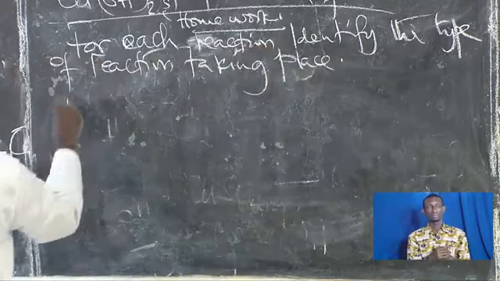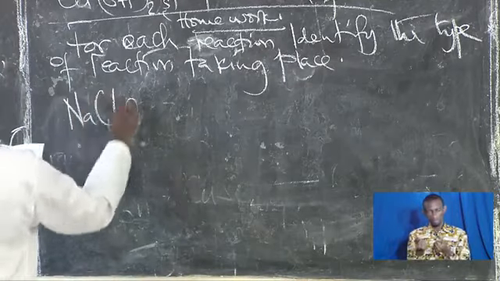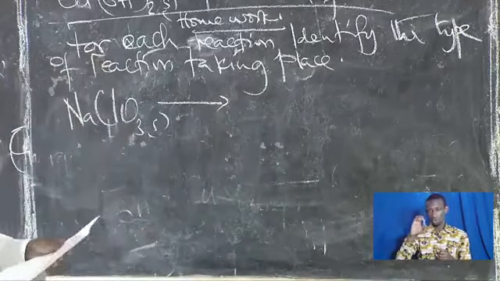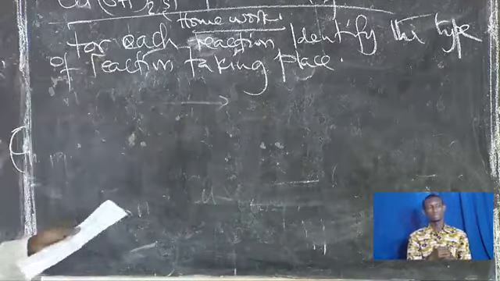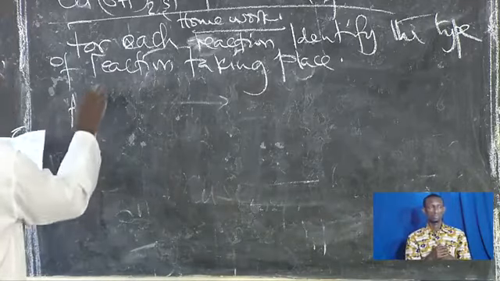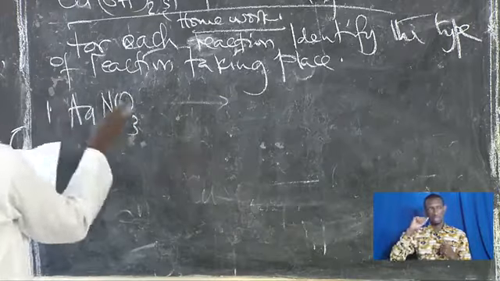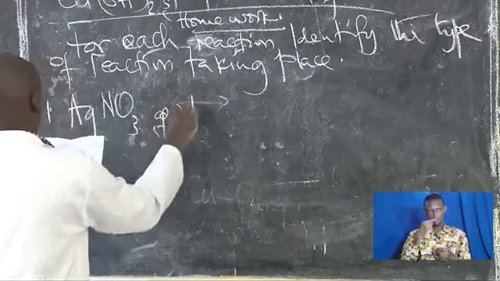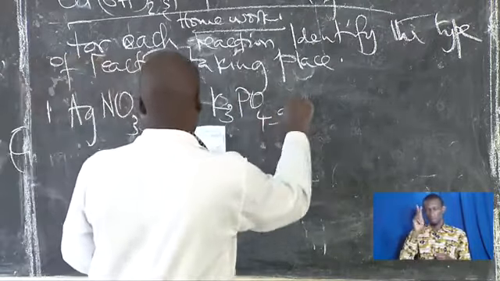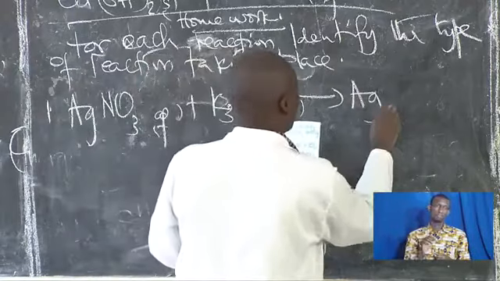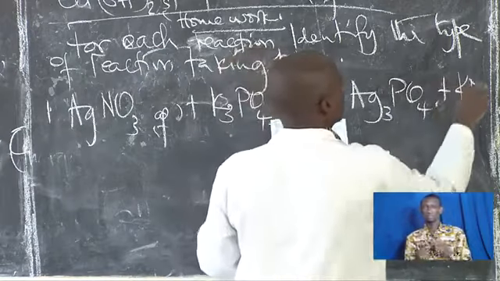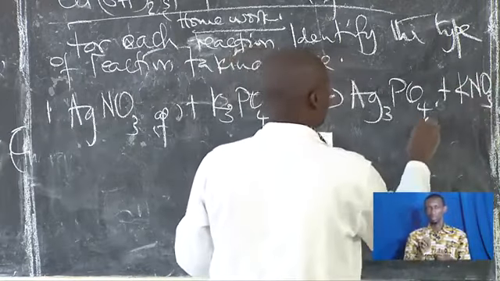Number 1, you have silver nitrate plus potassium phosphate, this will give silver phosphate plus potassium nitrate.